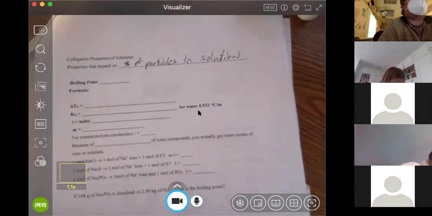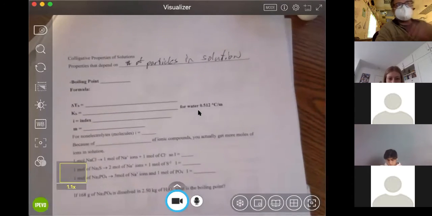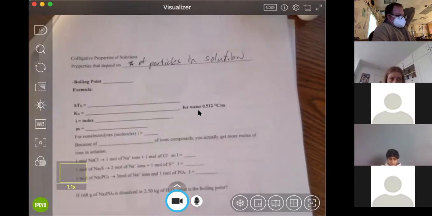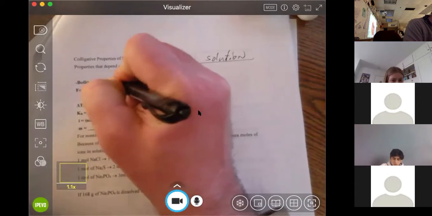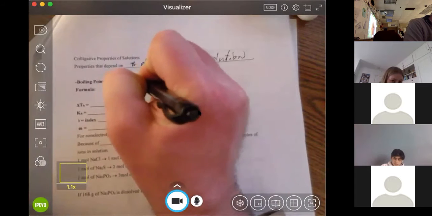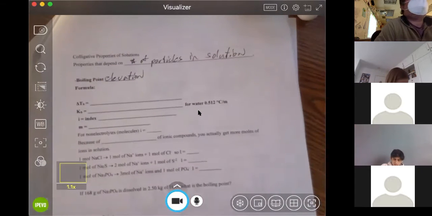We know that these particles are attracted a lot of times by that polarness. That's how we get things to dissolve into solutions. So colligative properties are basically based on the number of particles dissolved. The boiling point can be elevated. We call that boiling point elevation.